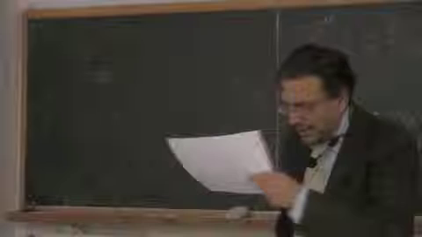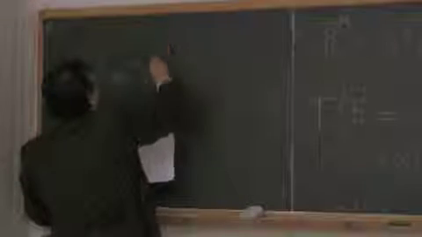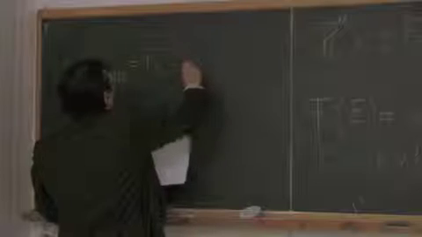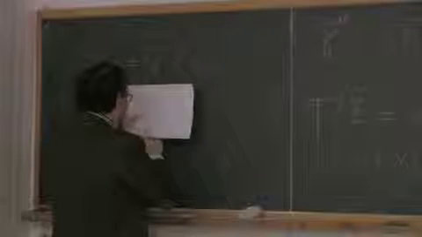So C AB, which is the correct deformation measure, can be written as F I A F I B, okay, and F is delta I A. So I am introducing the identification of the here.